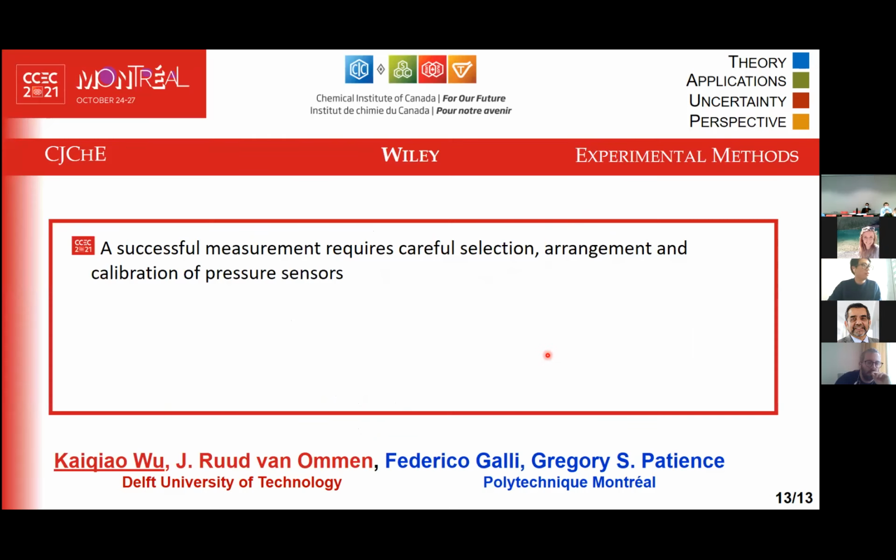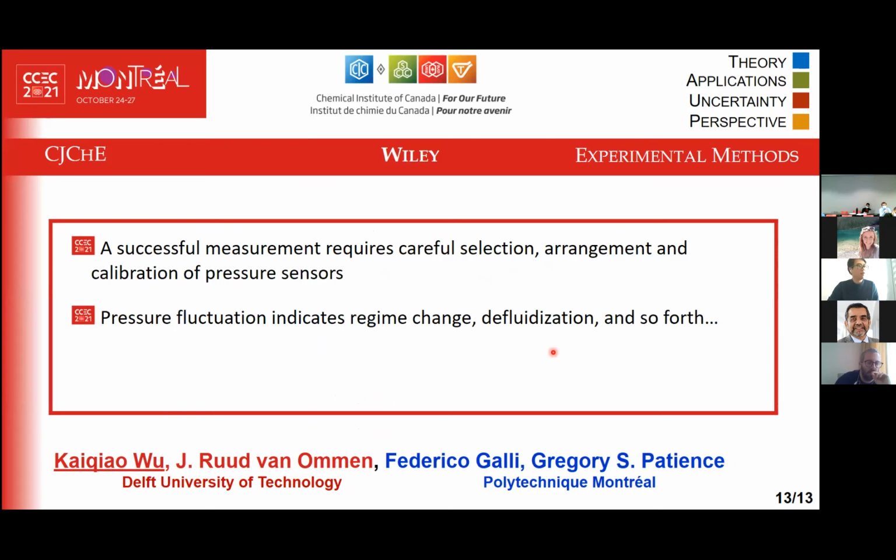So we show that a successful pressure measurement actually requires careful selection and also arrangement, even calibration, of the pressure sensor. And also pressure fluctuations have a lot of really nice uses, such as they can indicate a regime change and indicate early detection of defluidization, and other papers report they can even find agglomeration and channeling, and so forth.